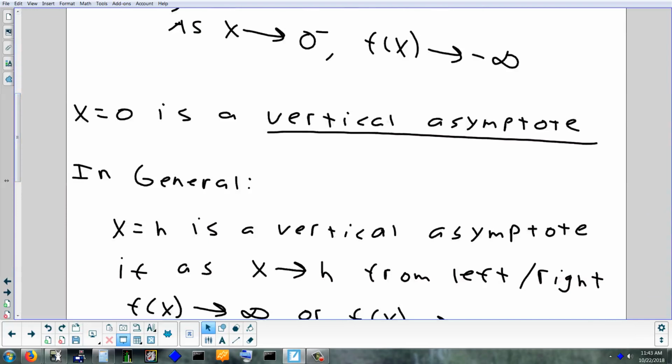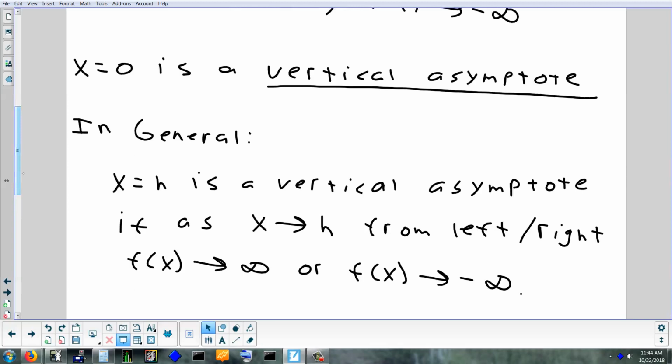All right, so a vertical asymptote doesn't have to just be at 0. It can be at different numbers. In my description, I'm saying, let's say it's at h. That means as you get very close to h, from either the positive or the negative side, the y value has to either go up towards infinity or down towards negative infinity.